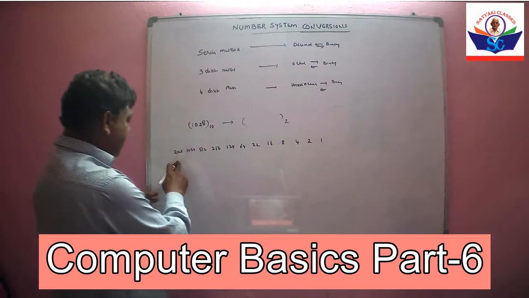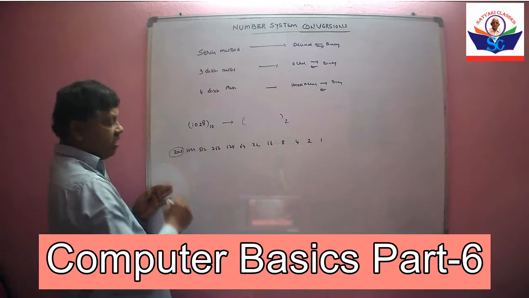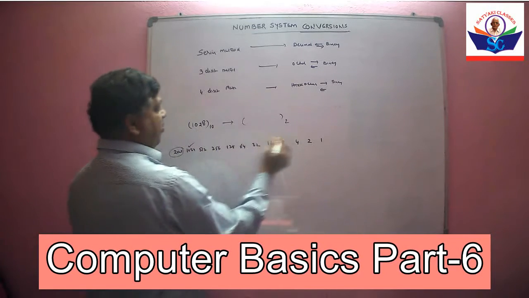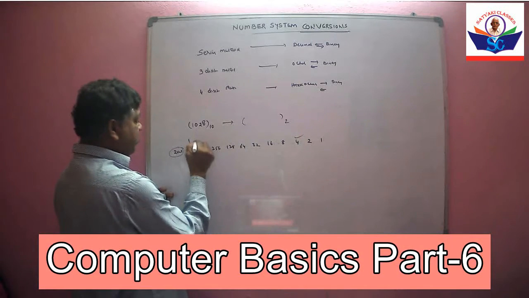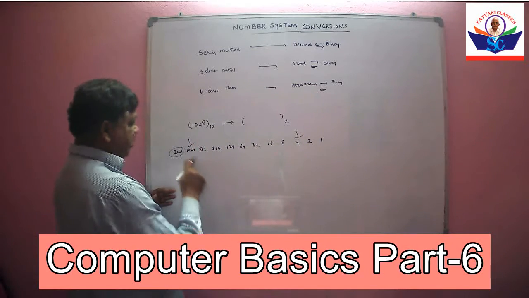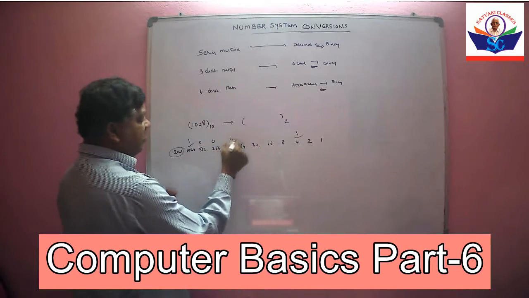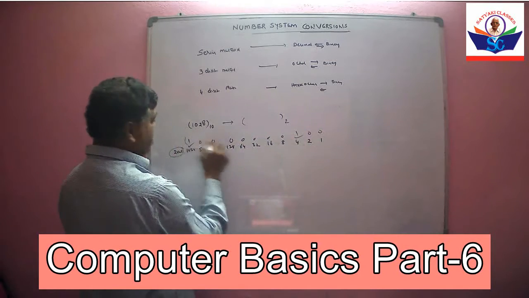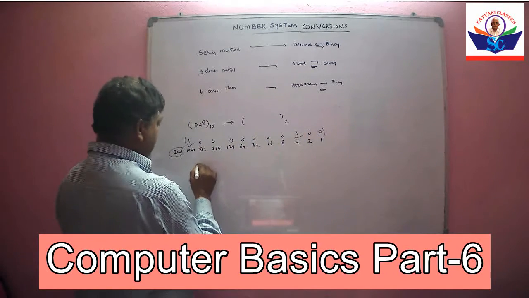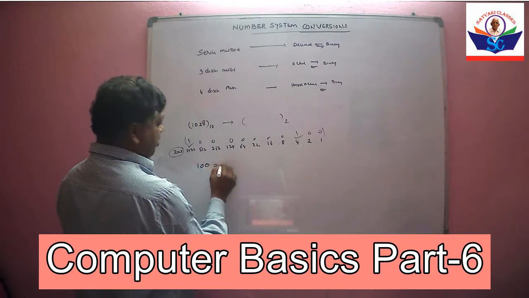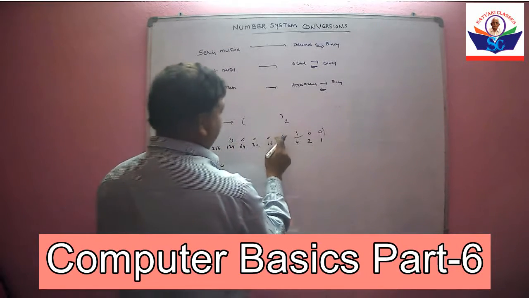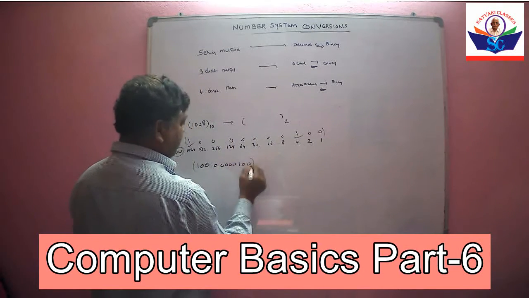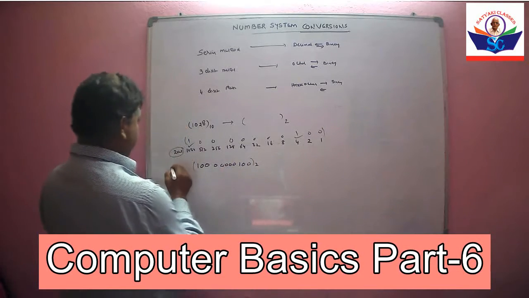As 1028 is less than 2048, we will not consider this one. If we take 1024, again we need 4. We place 1 on top of the required numbers and zeros in place of the other numbers. So the binary equivalent for 1028 is 10000000100.